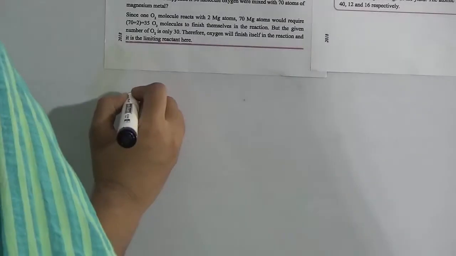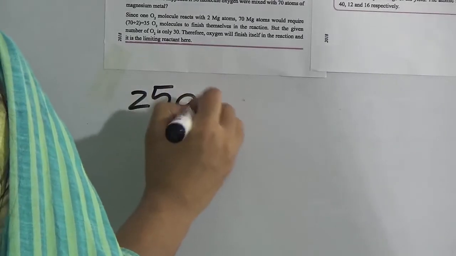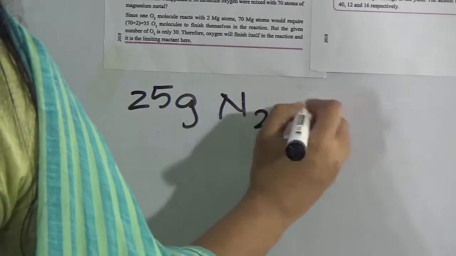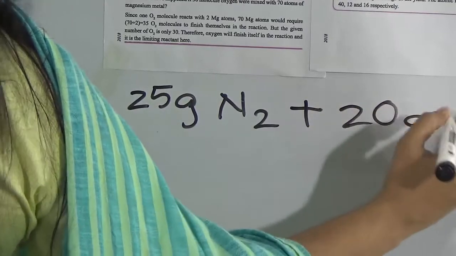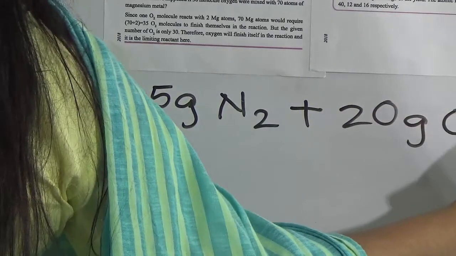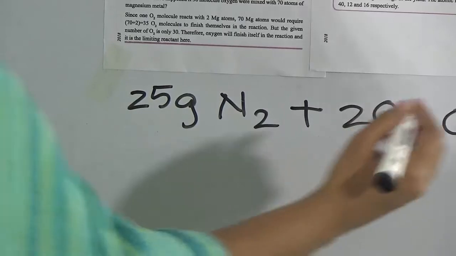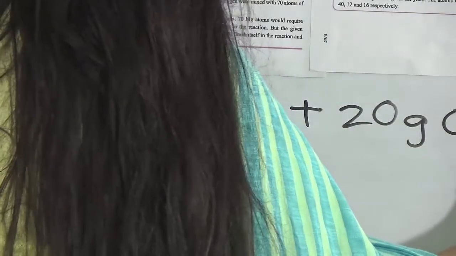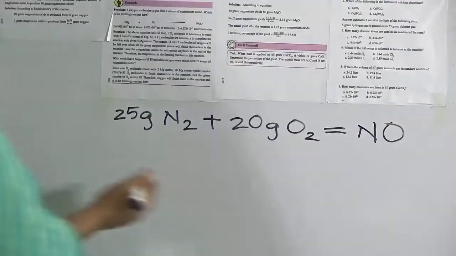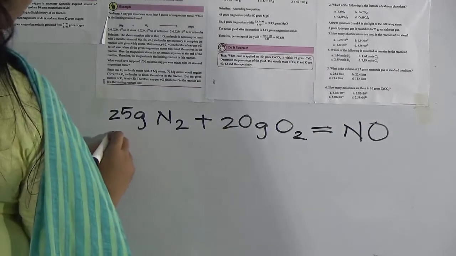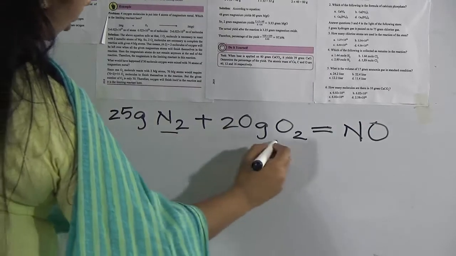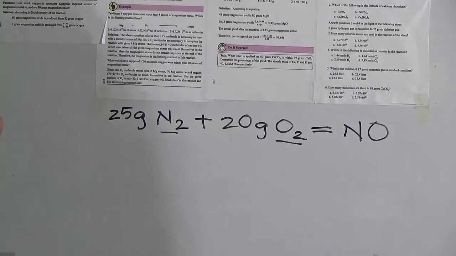This is given in your book. If in the question it is written that 25 gram nitrogen reacts with 20 gram oxygen and produces nitrous oxide, here we have to find out the amount of nitrogen and oxygen, and which is the limiting reactant.